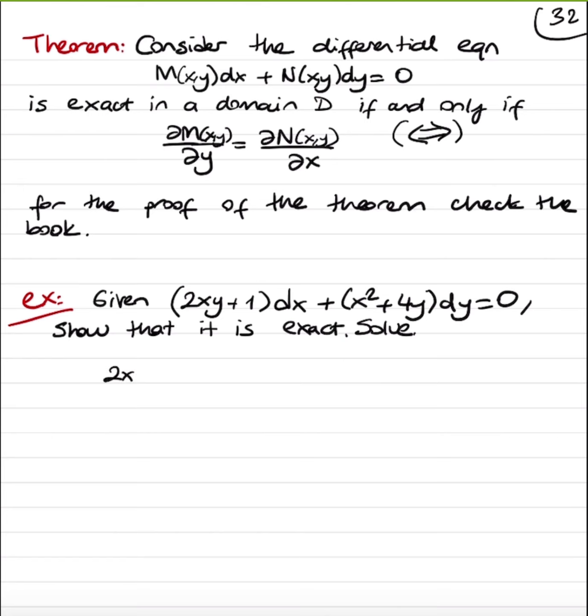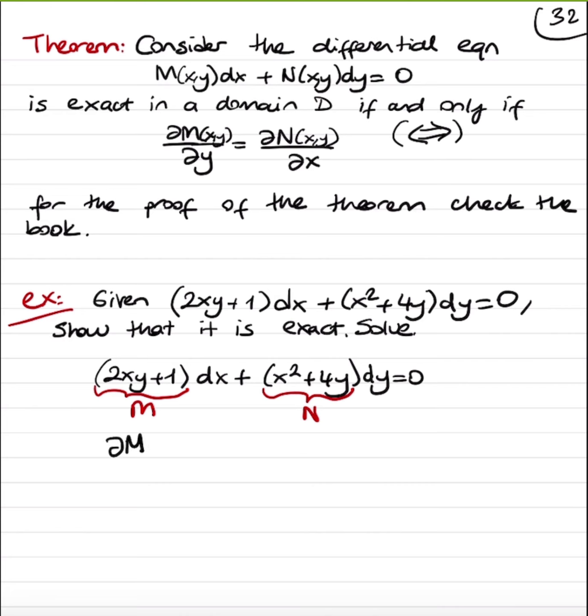Okay, for exactness, what do we check? We have (2xy plus 1) dx plus (x squared plus 4y) dy is equal to 0. In this case, let's call the coefficient of dx M and the coefficient of dy N. We need to check the derivative of M, the coefficient of dx, with respect to y.